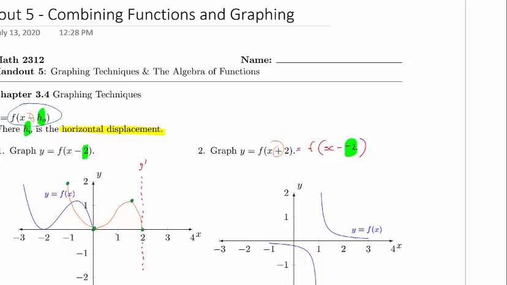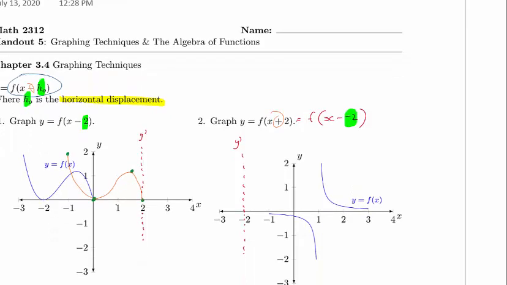So again, we're moving it 2 units to the left. All right, so let's go ahead and draw our virtual axis. This time we're moving it 2 units to the left. We're calling it y prime. All right, and then we're just going to move everything over.